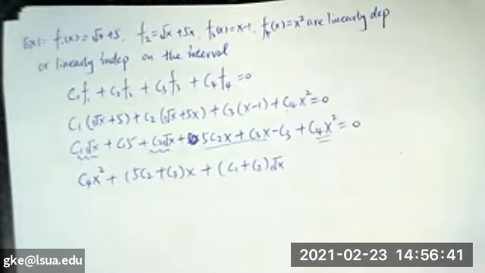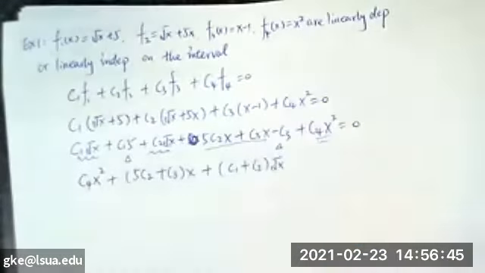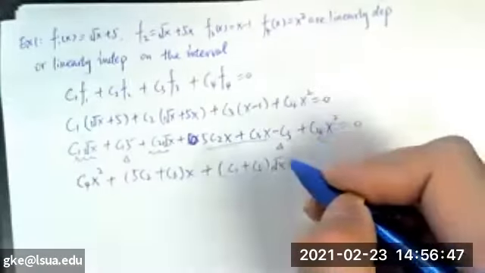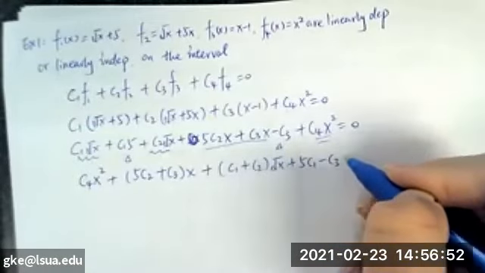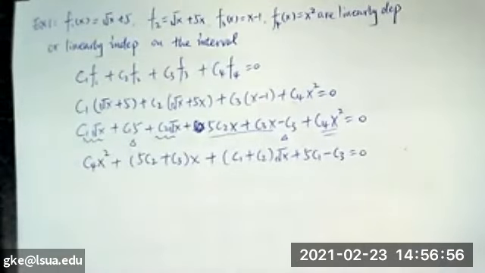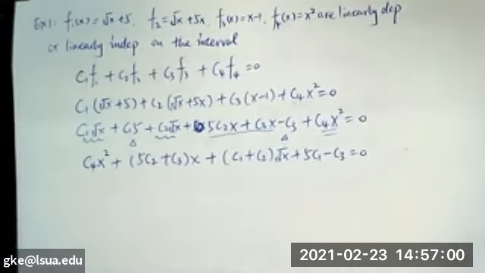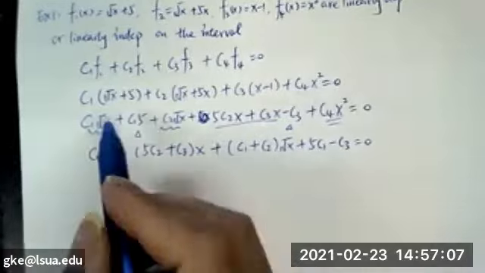And then the constants. Now, in order for this equation to equal 0, what does that mean?